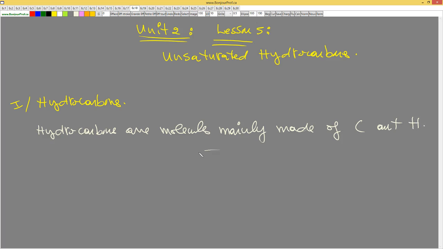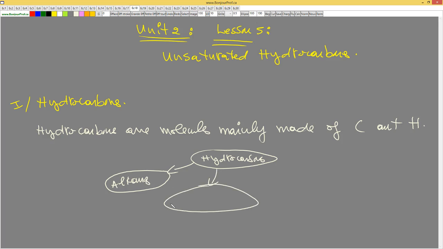What hydrocarbons are we going to study and what hydrocarbons exist? So we have the list. Hydrocarbons: we have alkanes, we have aromatics, we have alkenes, and we have alkynes.